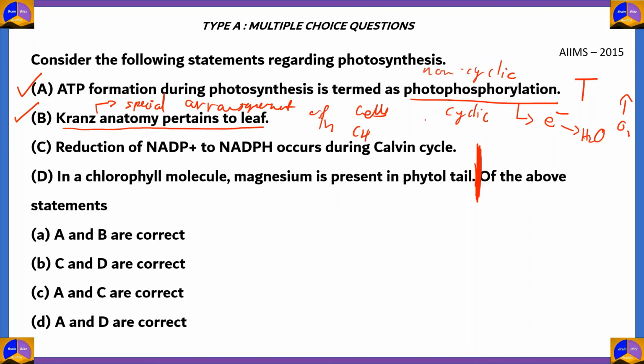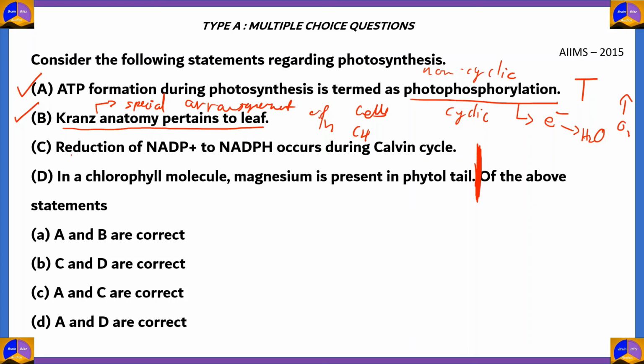In C4 plants, the bundle sheath cells are closer to the vascular tissue, so they get the nutrients and water, while the mesophyll cells receive the carbon dioxide and then fix it in the absence of rubisco, so as to avoid any amount of oxygen going into the bundle sheath cells so that they can have photosynthesis without photorespiration. So statement B is also correct.